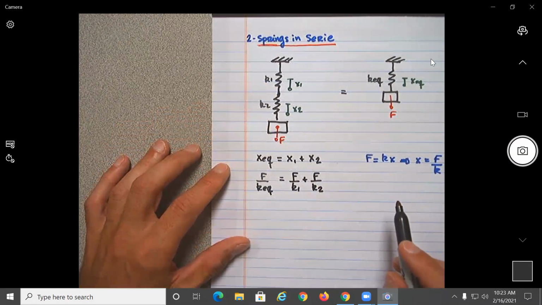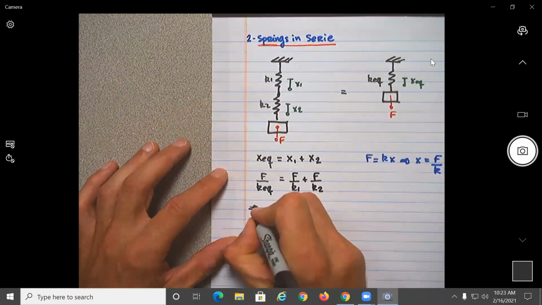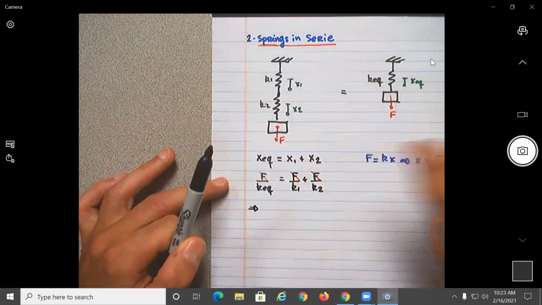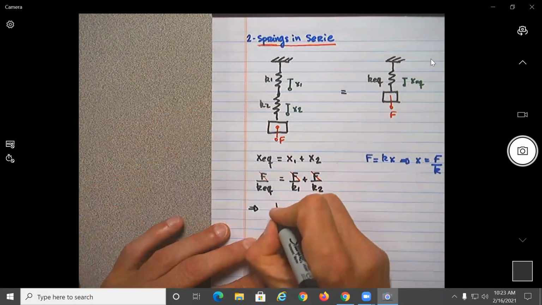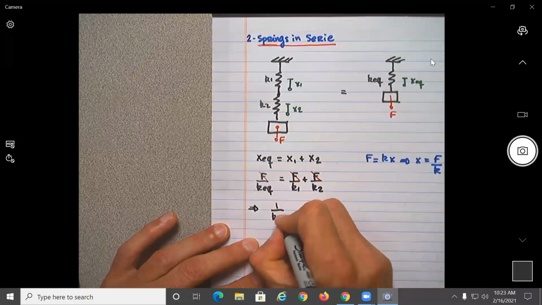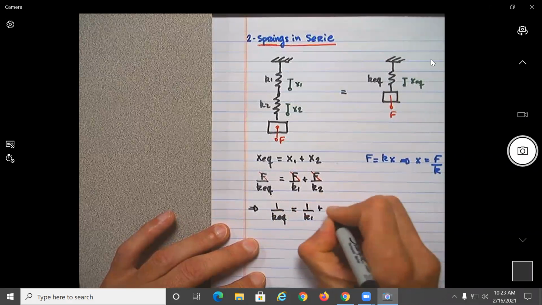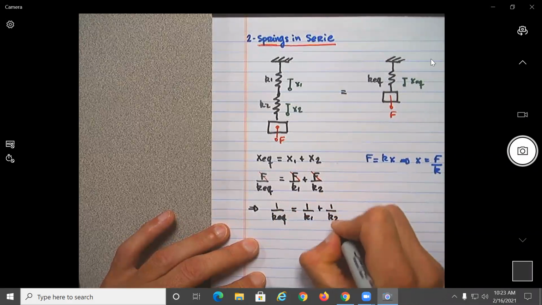So over here, you see right away that you can cancel out the forces, and you have that 1 over K equivalent is equal to 1 over K1 plus 1 over K2.